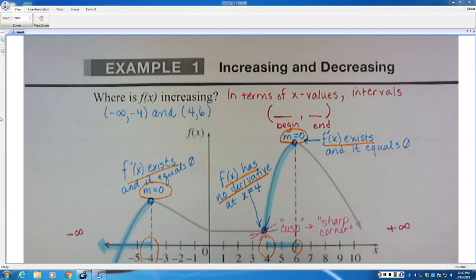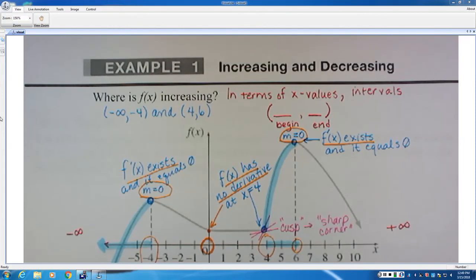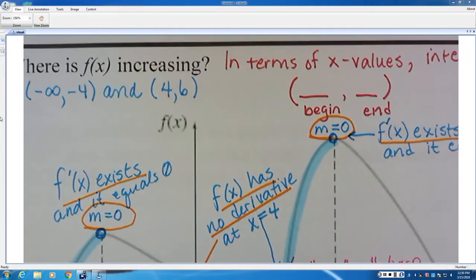actually there is one more. We didn't talk about it on that page, but there is one more critical number, and that's the number right there. And it is not differentiable at that point either, because while it's not as sharp a point as there is at 4, that's considered a sharp point. I could draw many, many tangents at that point.